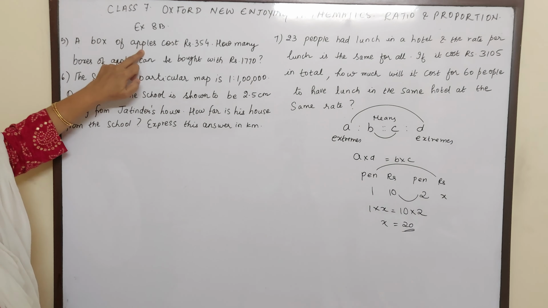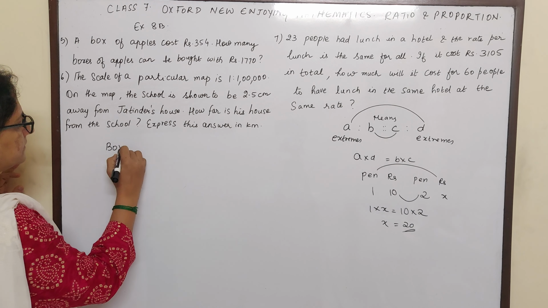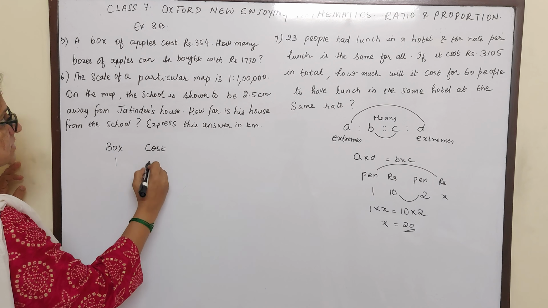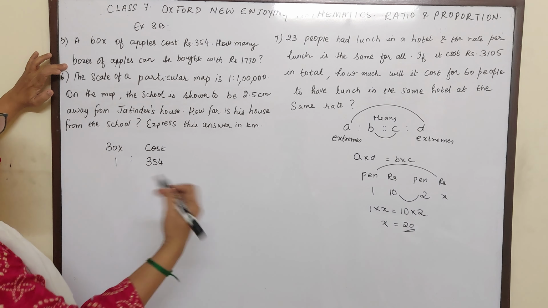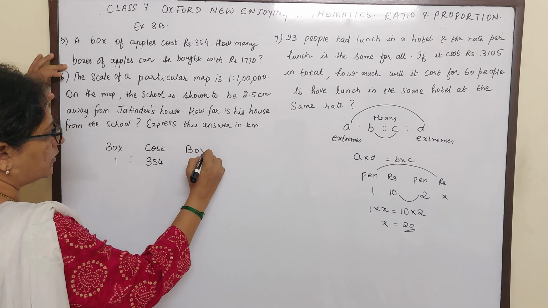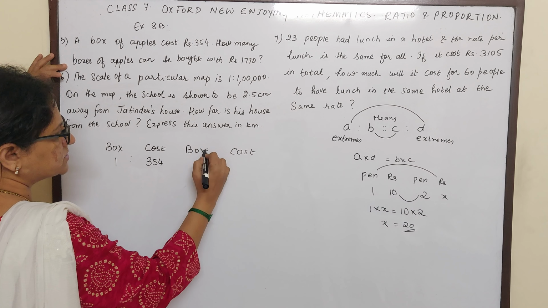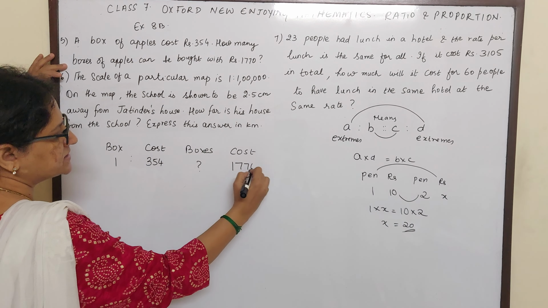A box of apples costs rupees 354. So a box of apples means one box costs rupees 354. How many boxes of apples can be bought from 1770?